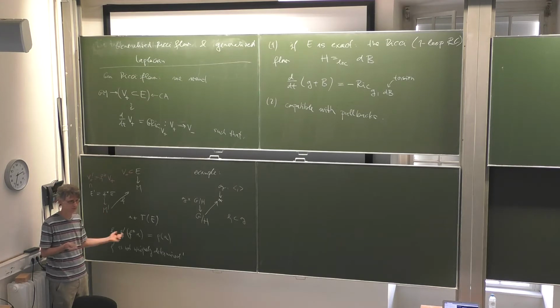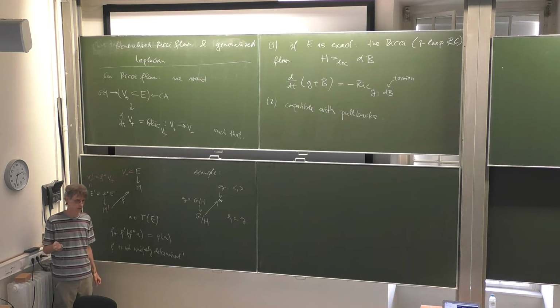Does this fix the equation you search for uniquely, these two conditions now? A cheap answer is no. A slightly better formulated question, we will see in a moment, but I don't know yet, let's see.